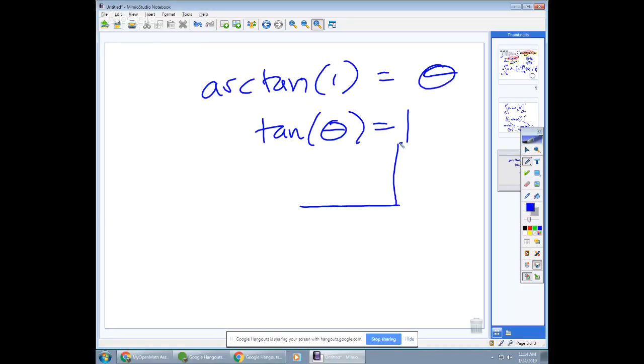Tangent on a triangle is opposite over adjacent, right? Opposite over adjacent is the slope of that line, rise over run. So tangent connects the slope of a line to its corresponding angle with the x-axis. So whenever I see something like arctangent, I'm thinking geometry, angles and slopes.